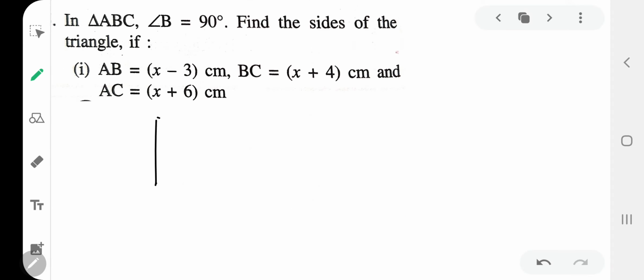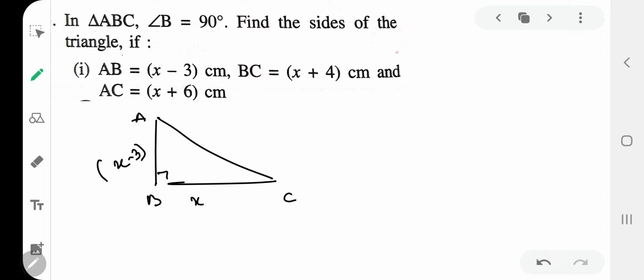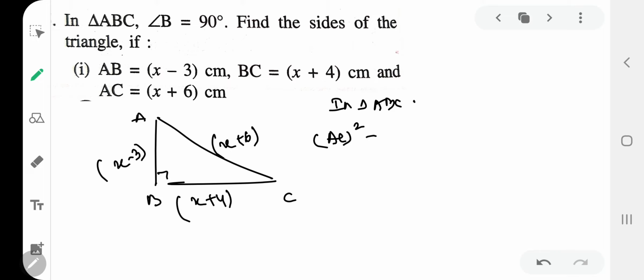Next I have in triangle ABC, B is 90 degrees. Find the sides of the triangle, if AB is x minus 3, BC is x plus 4, AC is x plus 6. Dear kids, how to do? Same Pythagoras. In triangle ABC, AC square is equal to AB square plus BC square.